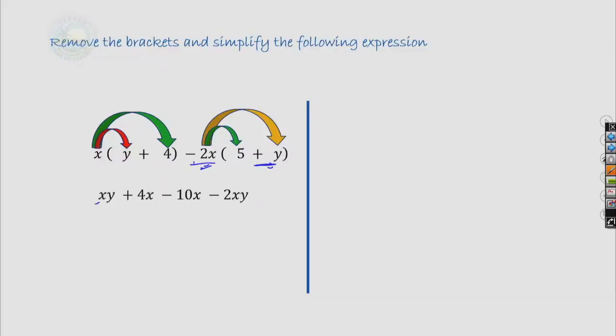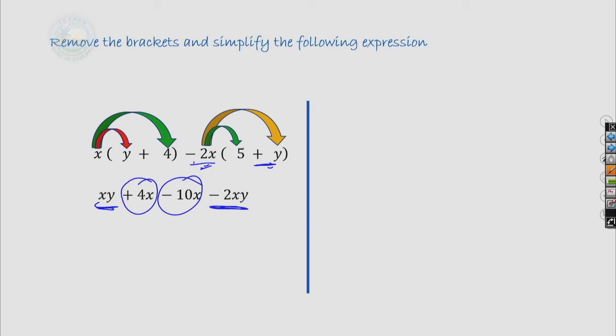So here, we see xy as a term. Is there any term that is like xy? Negative 2xy is a term that is like xy, so we are going to group these together. Here as well, we have positive 4x and negative 10x. Again, these two are like terms.